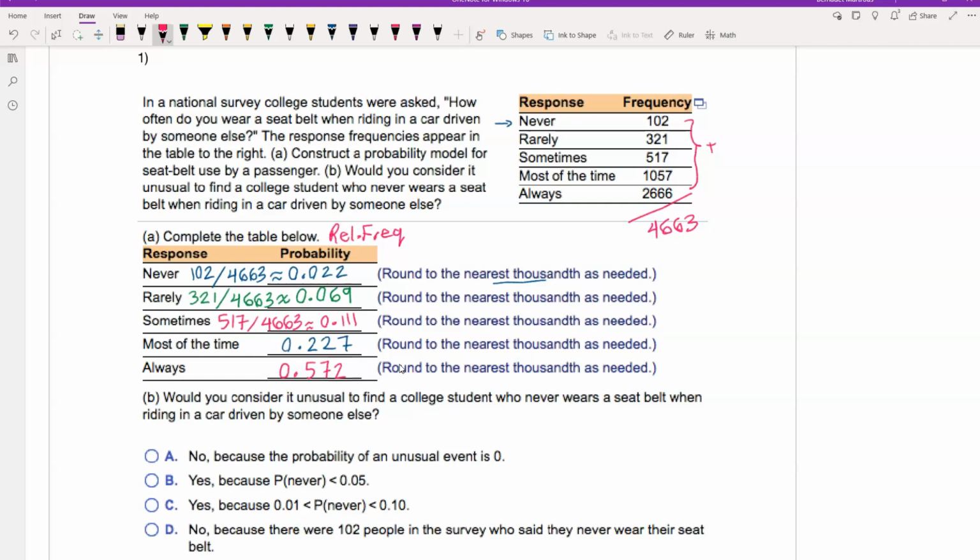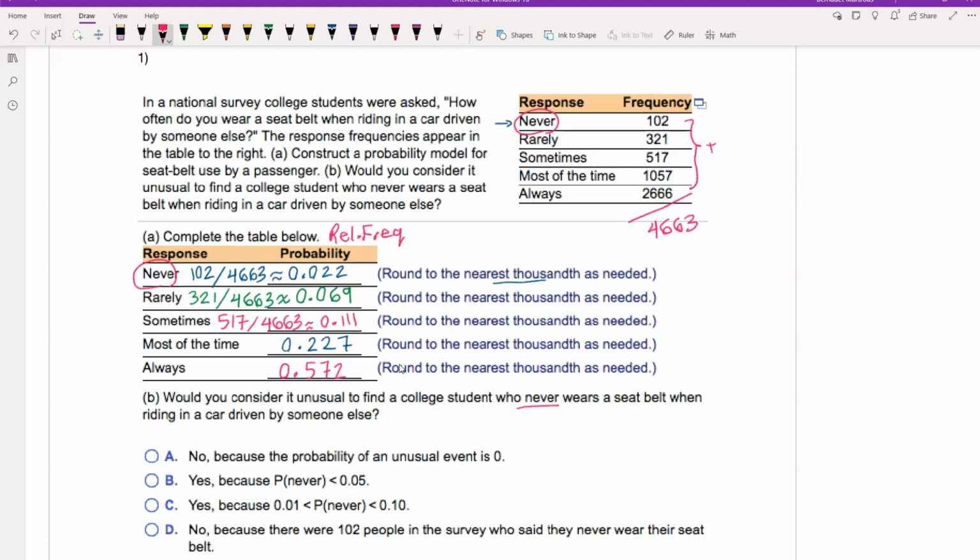Now part B, would you consider it unusual to find a college student who never wears a seatbelt? So here we have never, and the answer for probability for this part was 0.022.